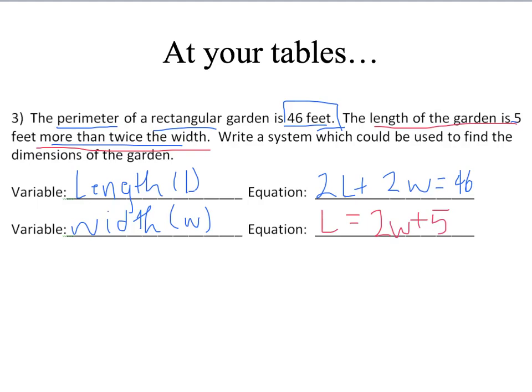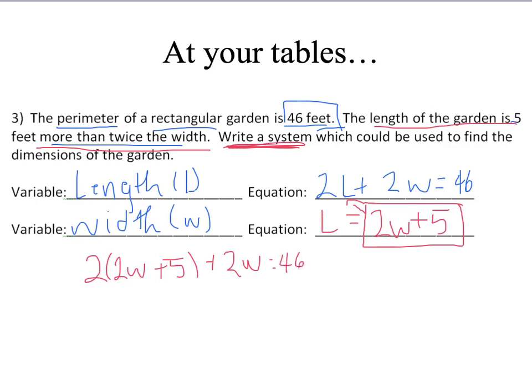Now, we don't technically have to solve because the question just says to write a system. But we will go ahead and solve that. We're going to substitute that in for L. So it's going to be 2 times length, which is 2W plus 5, plus 2W equals 46. So it's going to be 4W plus 10 plus 2W equals 46.